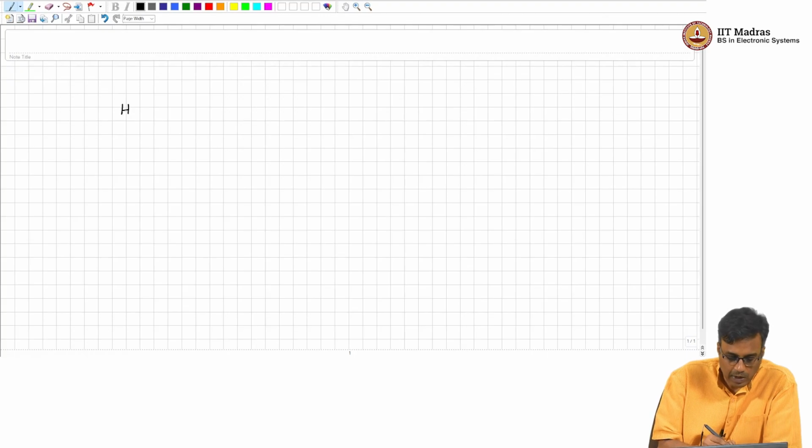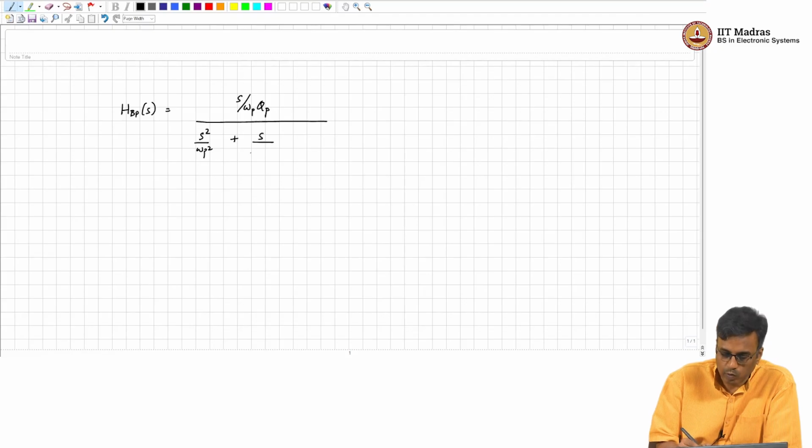So, the band pass filter's transfer function is S over, what do we call it, omega naught, omega p? Okay. So, it is (S/omega p) divided by S square by omega p square plus S over omega p Qp plus 1.